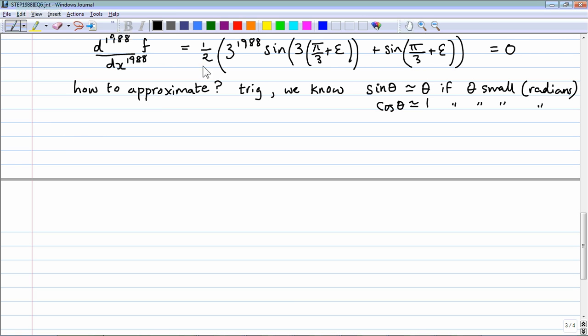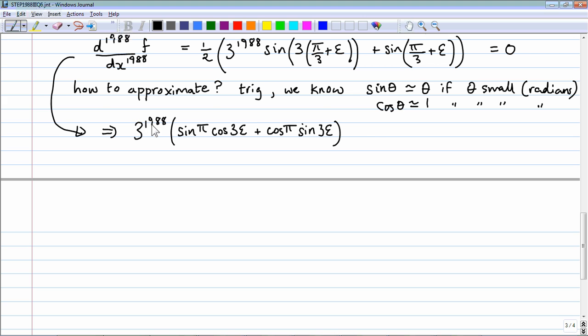So first let's use the compound angle formulas here. We can ignore the 1/2, that's disappearing. So this means that 3 to the 1988, and now using sine of a plus b, I've got sine pi cos 3 epsilon plus cos pi sine 3 epsilon, and that's all included in the 3 to the 1988.